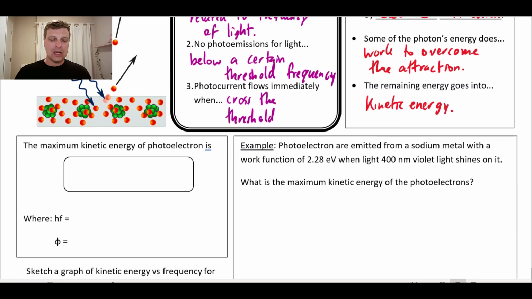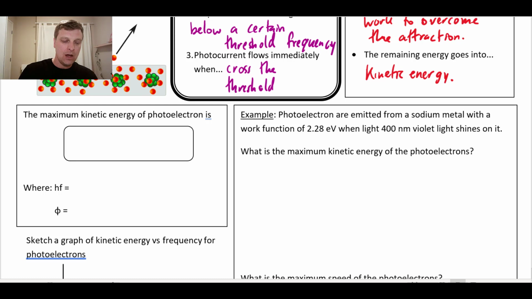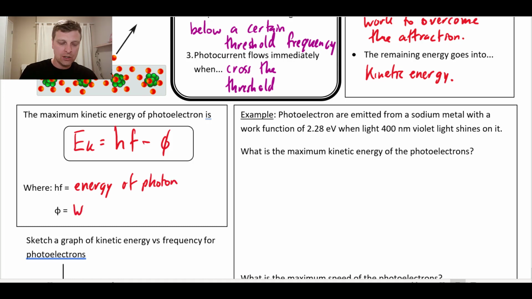So essentially we can calculate the maximum kinetic energy of the electron using the formula EK is equal to hf minus phi. Okay, and so hf is the energy of the photon, right? The original energy of the incoming photon. And phi is something called the work function.